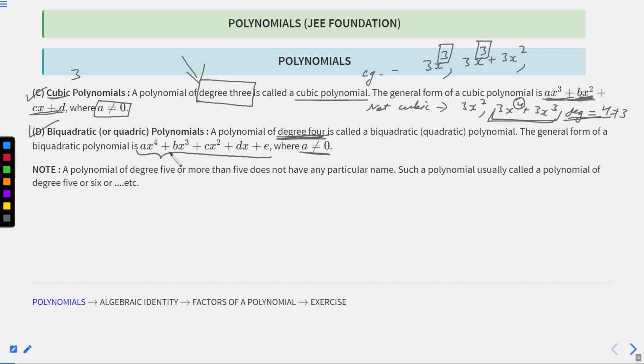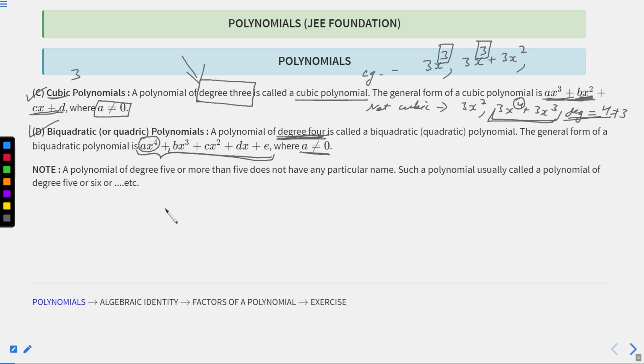Then my polynomial will reduce to just a cubic polynomial, because this term will equal 0 if a is 0. I hope you understand all these types of polynomial on the basis of degree. So we segregated types on the basis of degree.